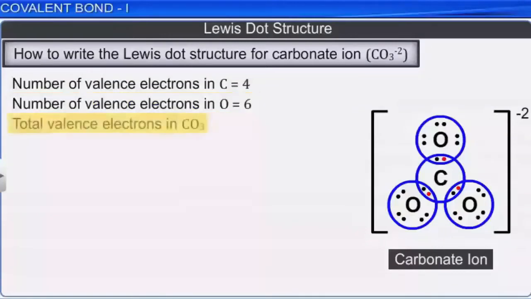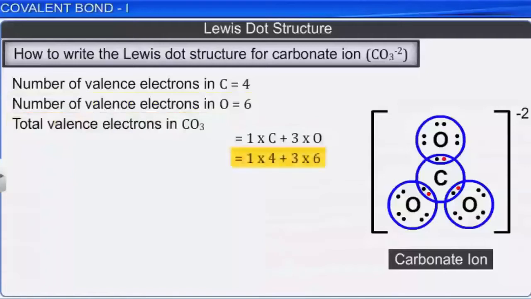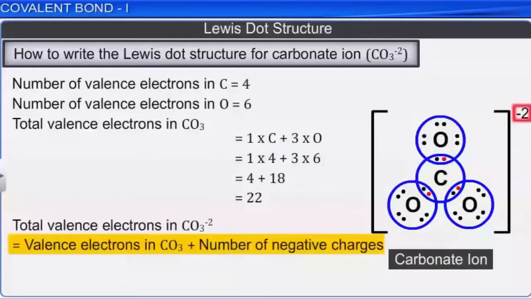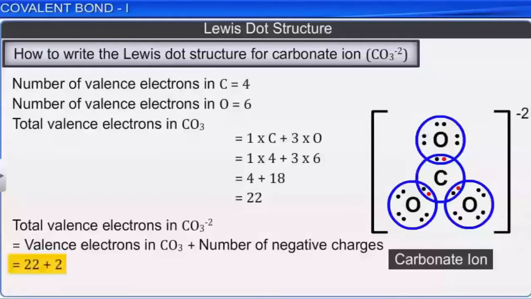As 3 oxygen atoms are present, the number of valence electrons in 3 oxygen atoms is equal to 18. The total number of valence electrons here is 22. As 2 negative charges are present on the carbonate ion, add 2 to the total number of valence electrons present in carbon and oxygen atoms. Hence, the total valence electrons in the carbonate ion is 22 plus 2 equal to 24.